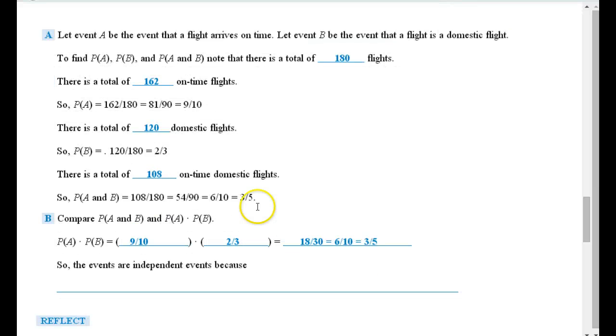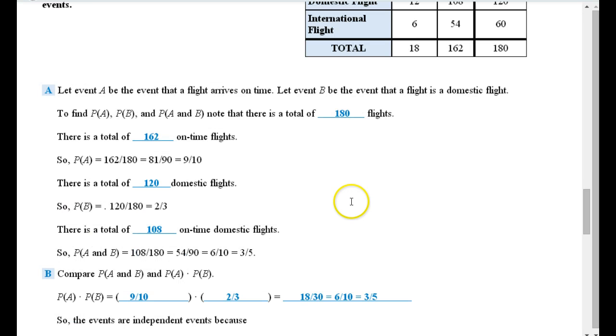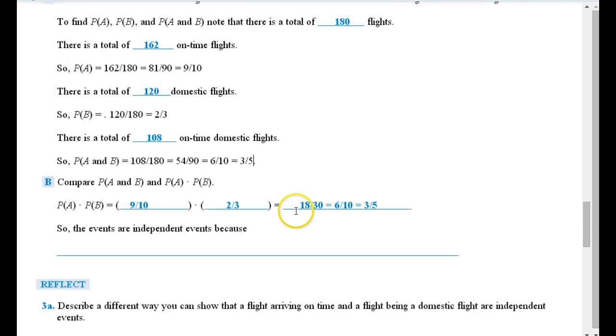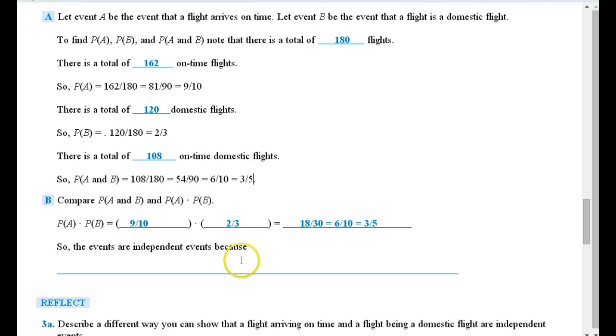So when we calculated A and B, being domestic and on time, the probability was 108 out of 180. And when we did just domestic and just on time, we got the same exact thing. So the events are independent.